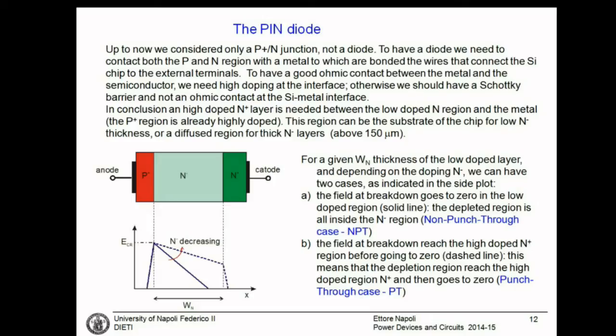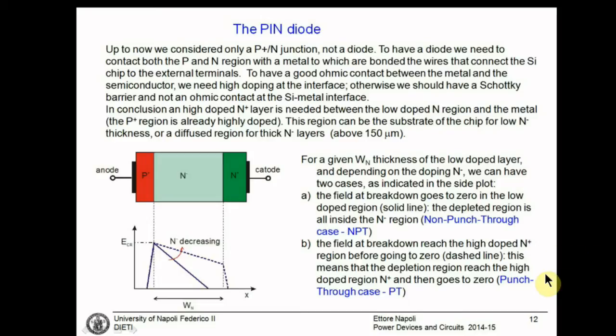Which is the effect of this N plus region at the bottom of the device? There are two main situations. As a function of the thickness of this N minus region and as a function of the doping here, we can have two cases.